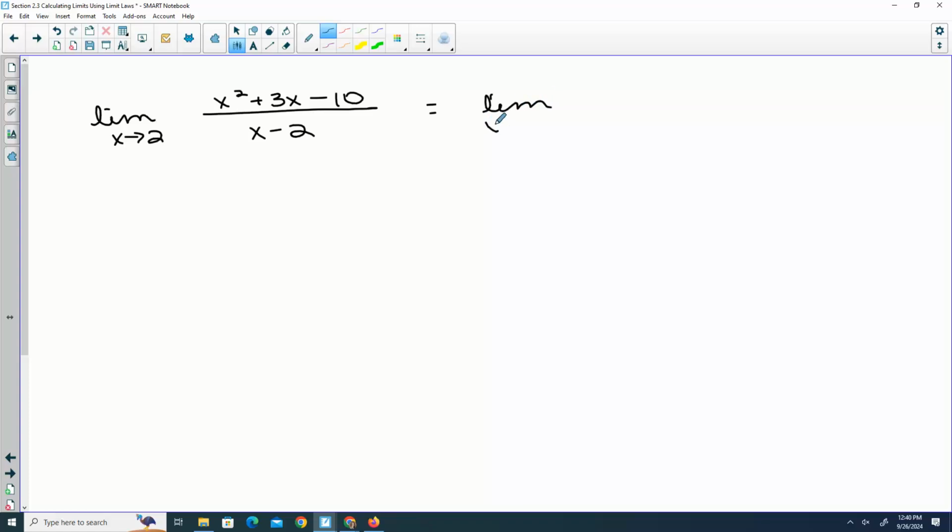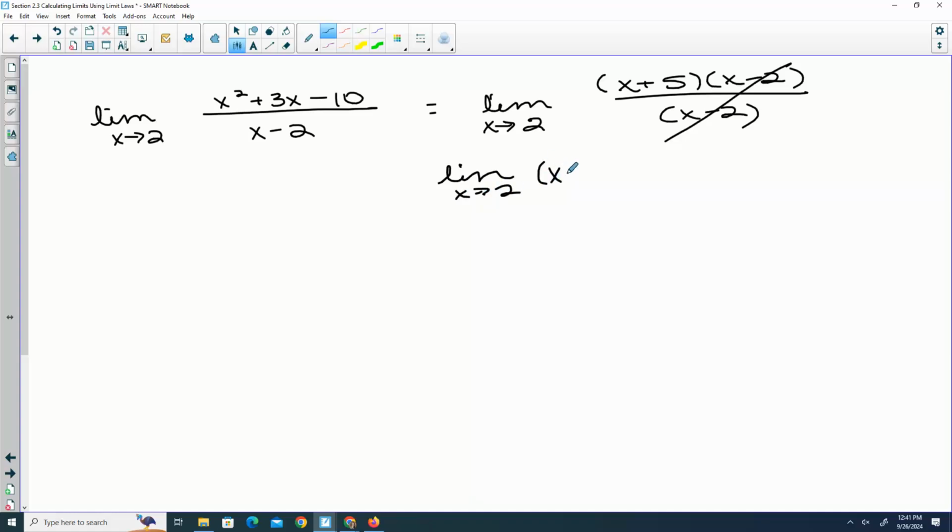Okay, we had to factor. We have not done the limit, so we are writing the limit. That is part of the problem. So this would be x plus 5, x minus 2 over x minus 2. Then those cancel. So we have the limit as x approaches 2 of x plus 5. And 2 plus 5 is 7.